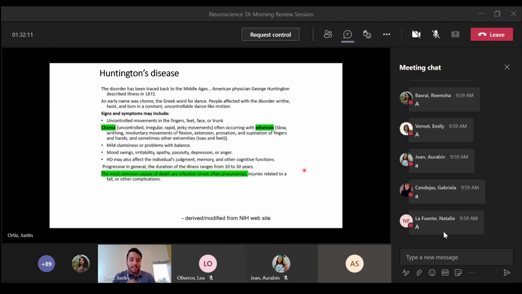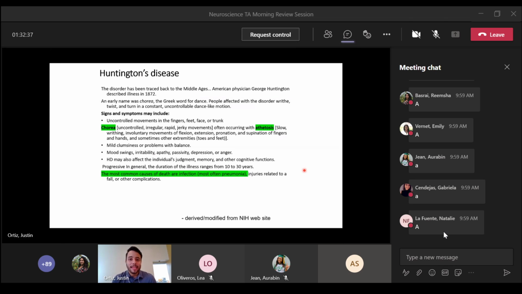So Huntington's disease is very interesting. I wouldn't say it's the opposite, but it's kind of like the opposite of Parkinson's disease in the sense that it's a hyperkinetic disorder. Parkinson's is hypokinetic, because remember, we destroyed those neurons in the substantia nigra pars compacta, leading to that indirect pathway.